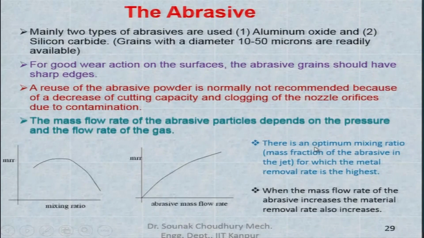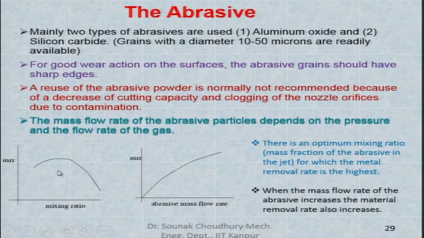There is an optimum mixing ratio, which is the mass fraction of the abrasive in the jet, for which the material removal rate is maximum, as you can see here.